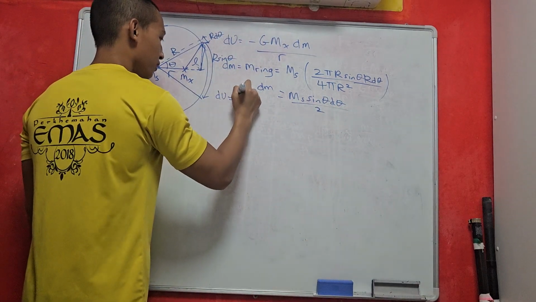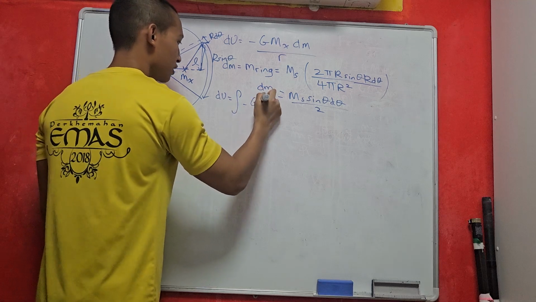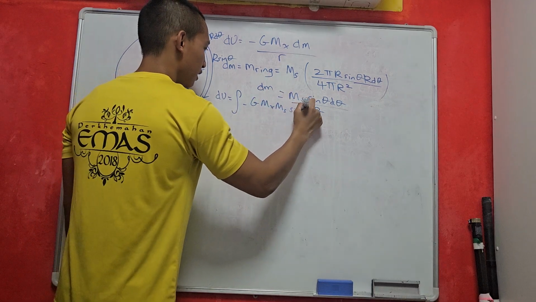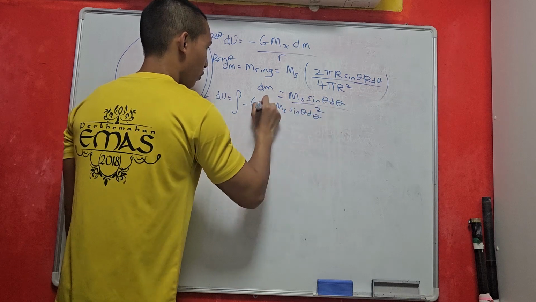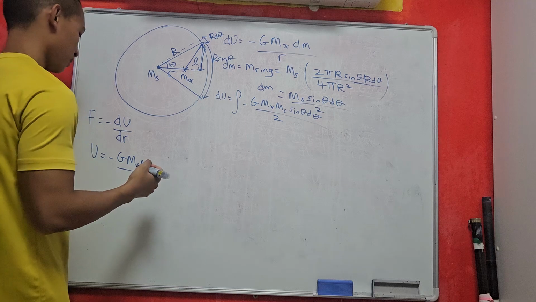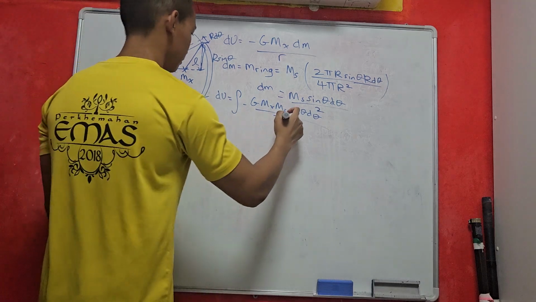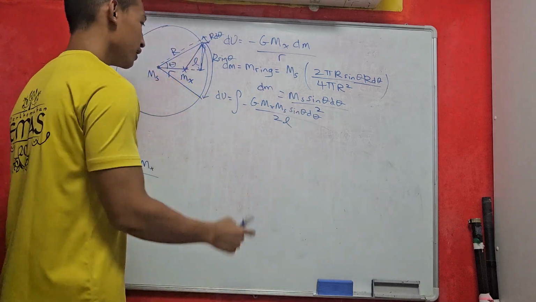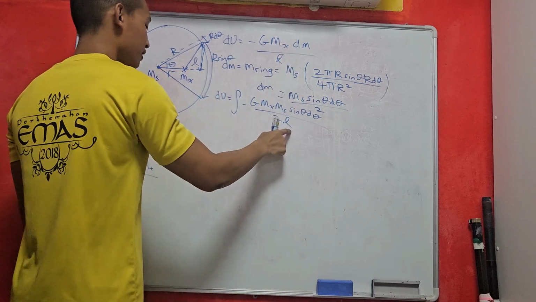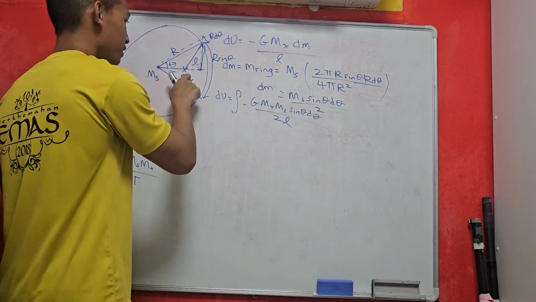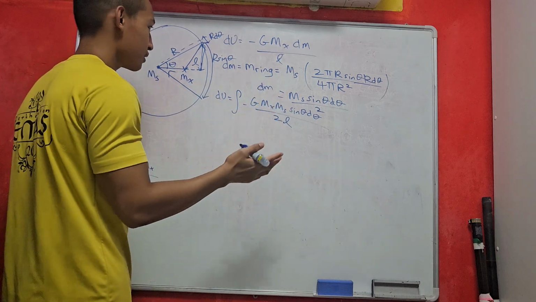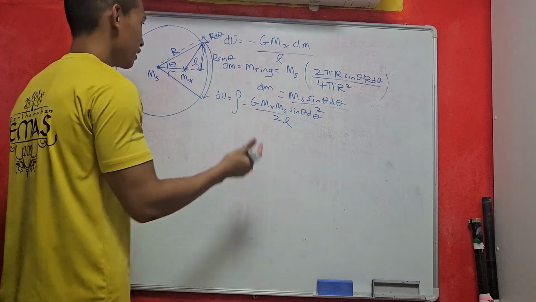Then I can write down dU equals the integral of negative G Mx Ms sine theta d theta over 2L. Why is this L? Because this denotes the distance between the object and the mass that I'm trying to find the gravitational potential energy caused by, and that is the ring.